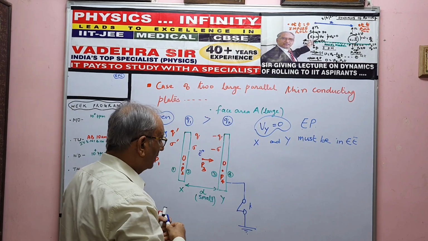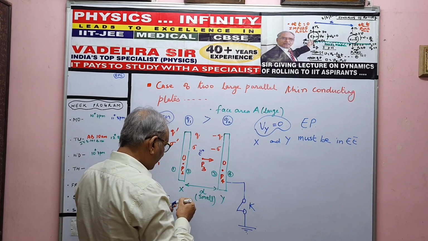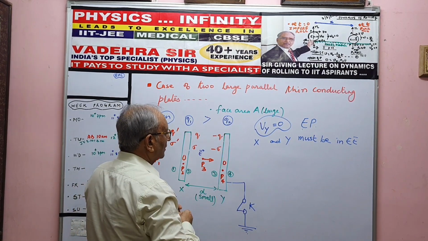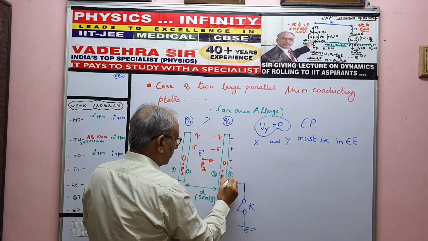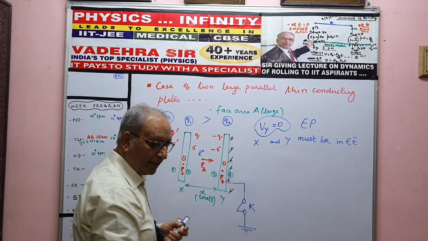All right, so what will happen as the electrons start coming from here? First it will kill all these charges, that was Q dash over here. So all this will be killed first.